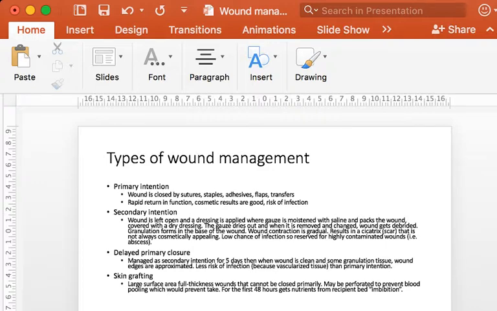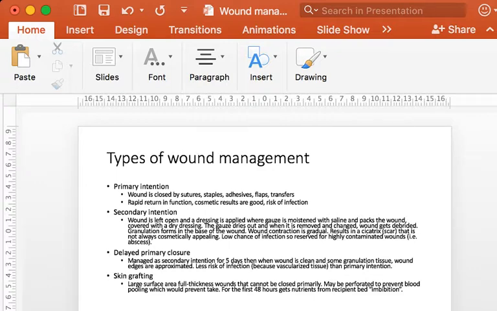Granulation tissue is new connective tissue with tiny blood vessels. Wound contraction is gradual. It will result in a scar that is not always cosmetically appealing. Low chance of infection, so it's reserved for highly contaminated wounds, like an abscess.